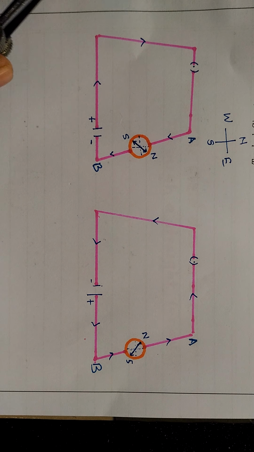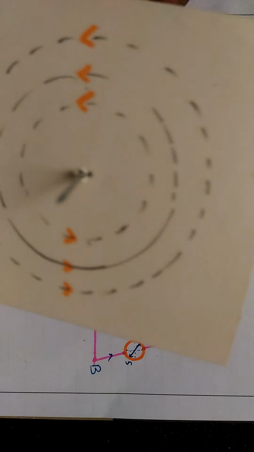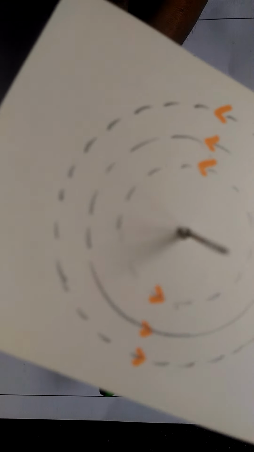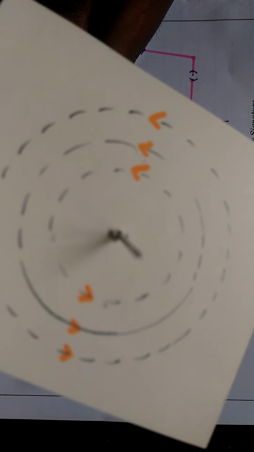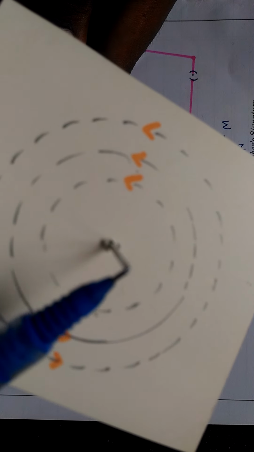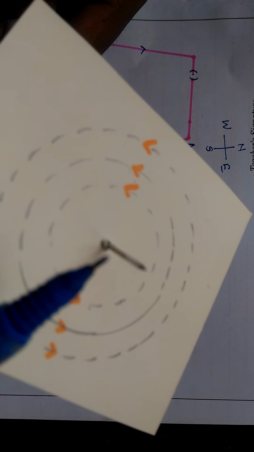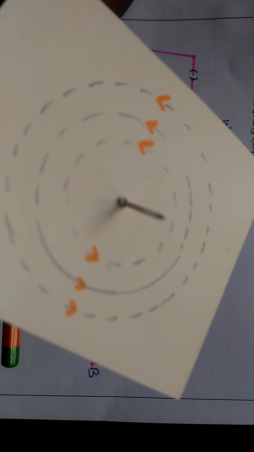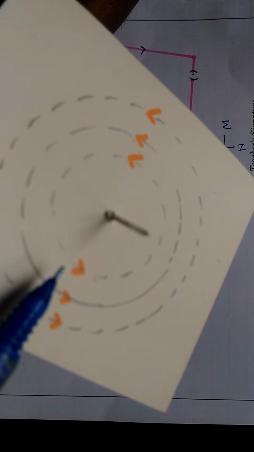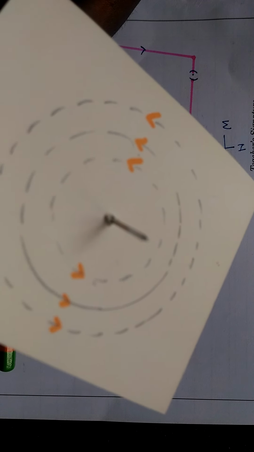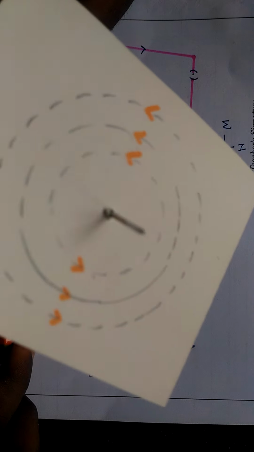Look at here. Suppose we have a straight conductor. This is a straight conductor and the direction is upward. You can see the magnetic field lines are in the form of concentric circles, isn't it?